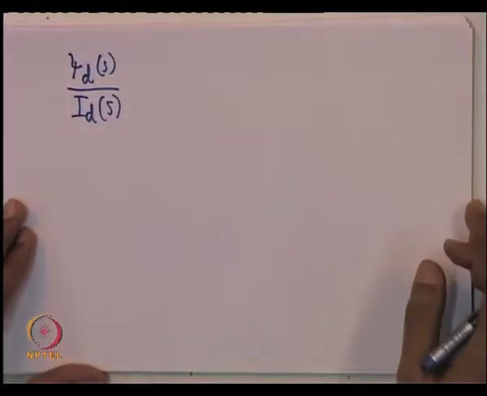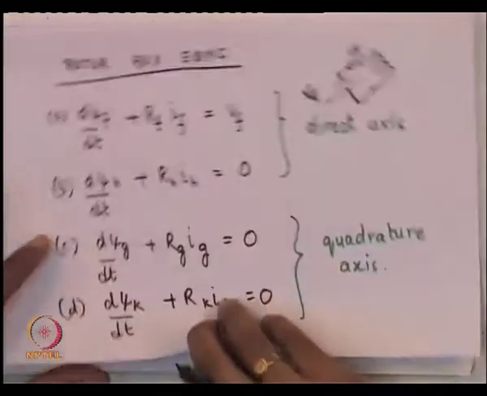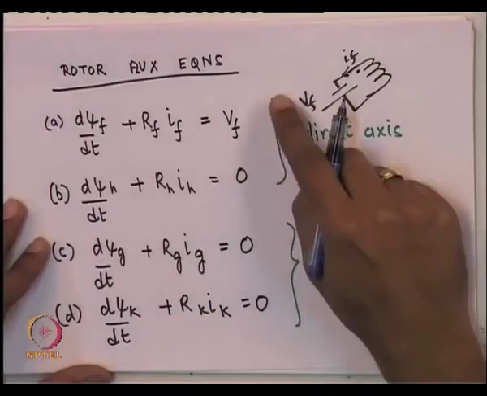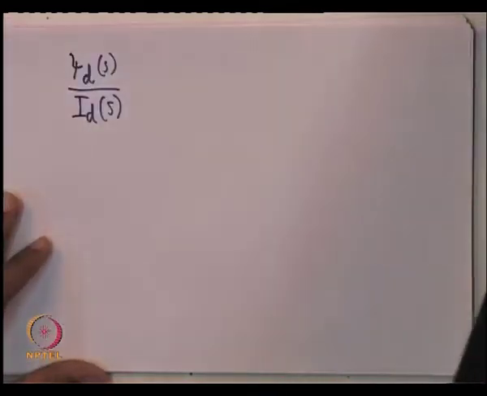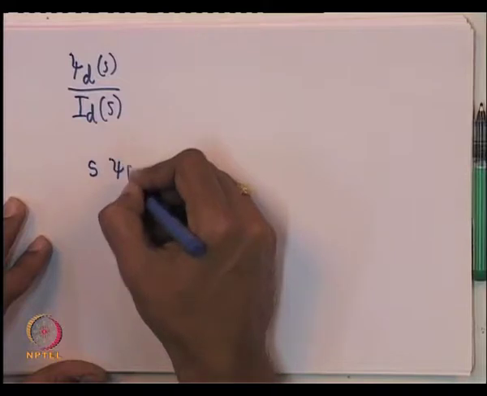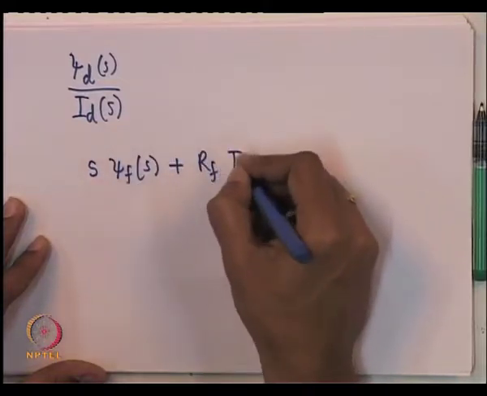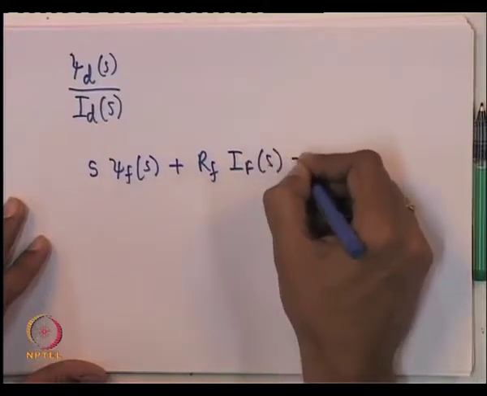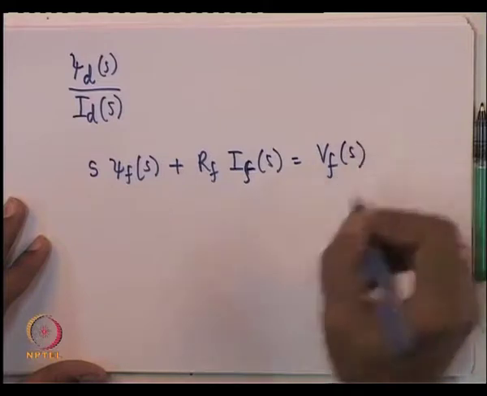What I need to do is apply Laplace transformation to the direct axis differential equations, as a result of which I will get s into psi f of s plus r f into I f of s is equal to V f of s. Okay.